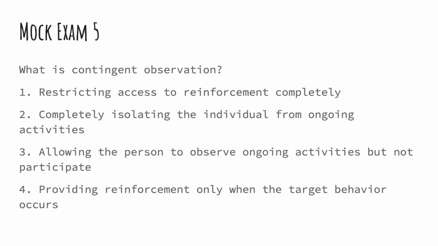Providing reinforcement only when the target behavior occurs. This option describes a reinforcement schedule where reinforcement is delivered, contingent upon the occurrence of a specific behavior. It's not the same as contingent observation, which involves allowing observation without participation in ongoing activities.